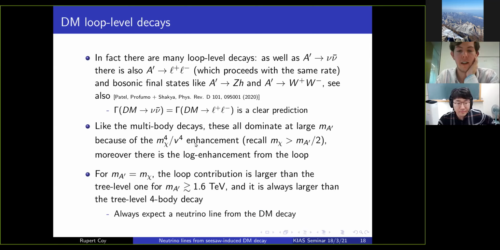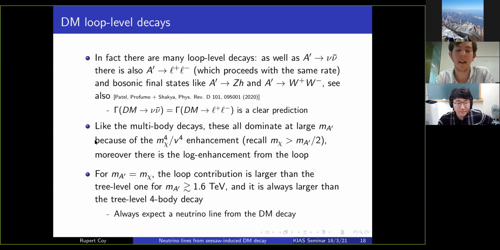So you have some enhancement, and when you go to large MA prime, then necessarily m chi is also large, because m chi has to be larger than MA prime over 2 to forbid A prime to chi bar decays. So the loop level part of the amplitude dominates over the tree level part of the amplitude for larger A prime.